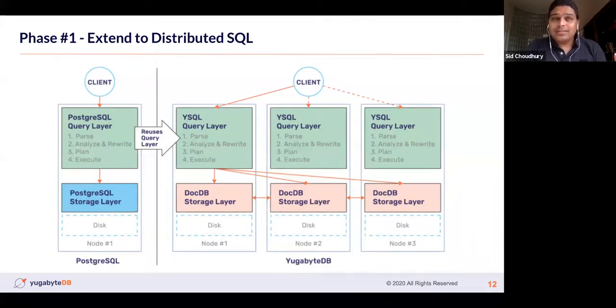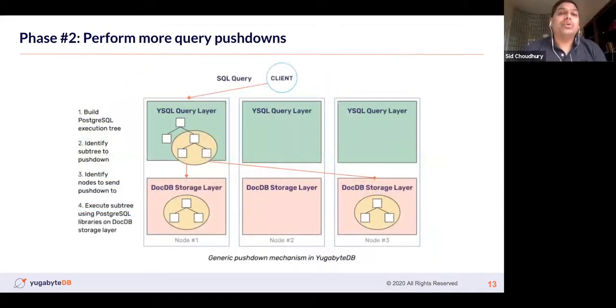Is the job done? Wish life were that simple. The job is not done. We continue to push more of those queries down to the storage layer so that we can continue to increase the performance of the queries that are coming towards us.